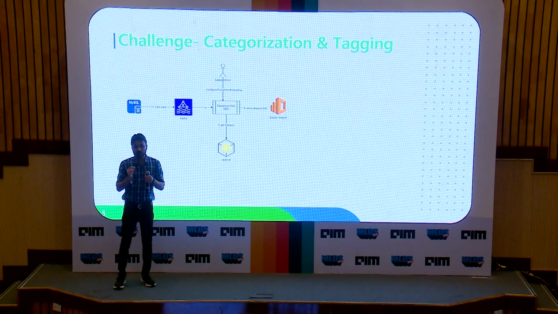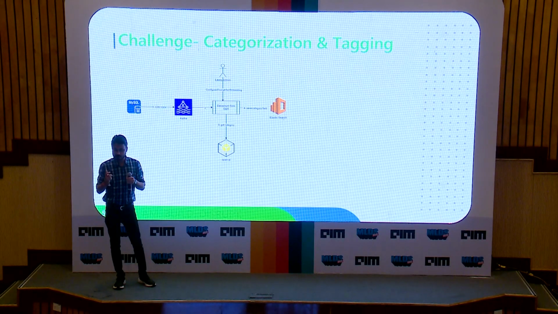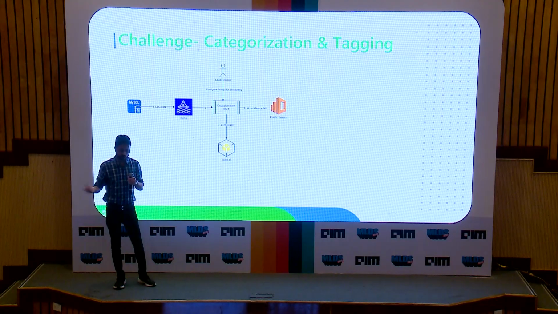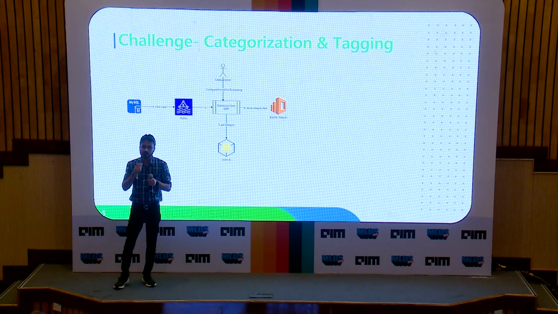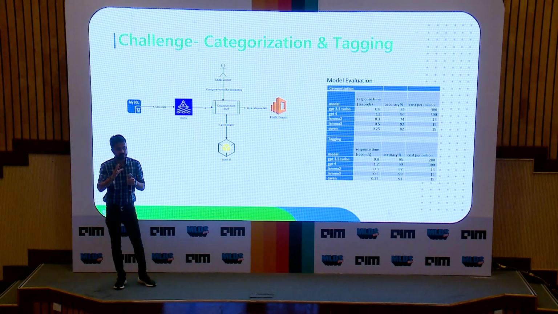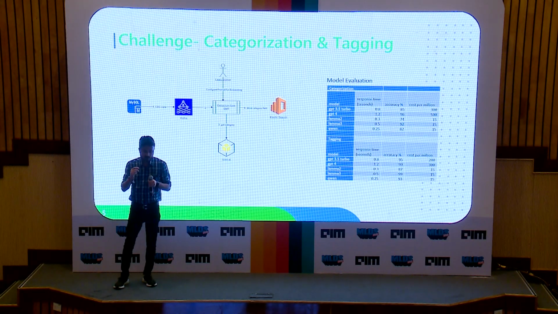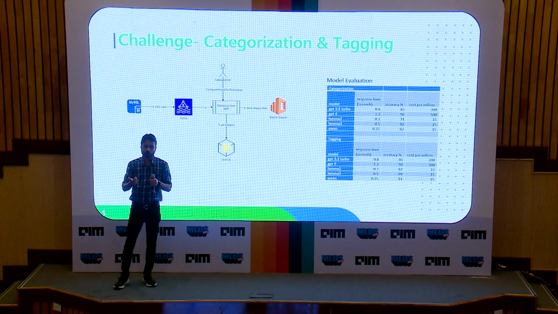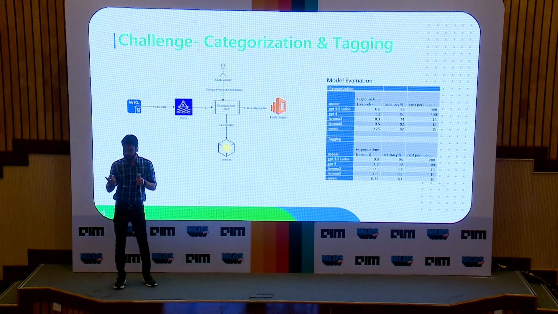To create this, we started using OpenAI in the beginning, but we found that OpenAI was costing us around $500 for 1 million SKUs to create the tags and generate the categories. So we started using the Llama 3 model hosted on a G5 XLarge machine.